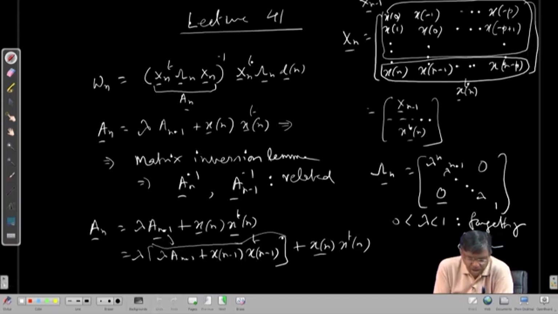Lambda to the power, so I go back by n plus 1 steps, so it will be A minus 1. See this: when I have lambda to the power 1, A n minus 1. When I have lambda to the power 2, A n minus 2. So, when I have A 0, lambda to the power n. When I have A minus 1, lambda to the power n plus 1. That is why lambda to the power n plus 1, A minus 1, and then you start like this.